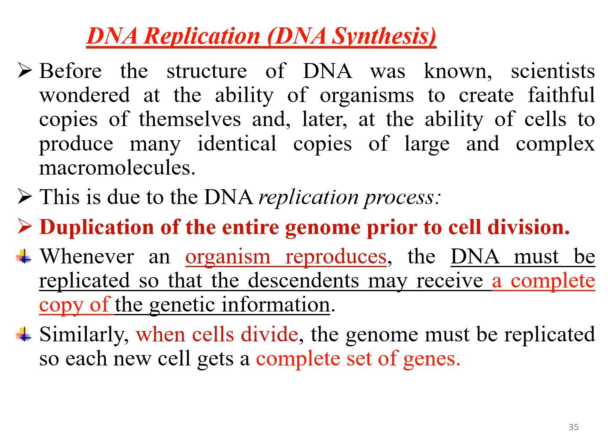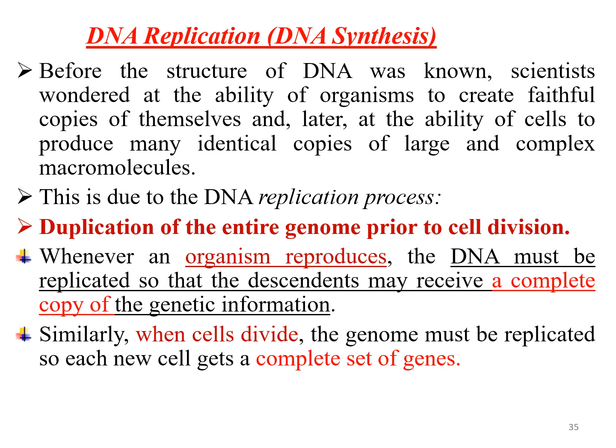Whenever an organism reproduces, the DNA must be replicated so that the offspring may receive complete copies of genetic information. Similarly, when a cell divides, the genome must be replicated so each new cell gets a complete set of genes.